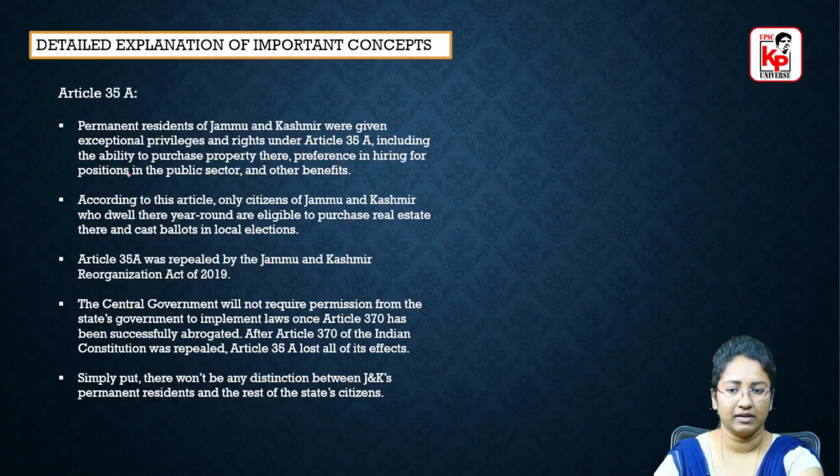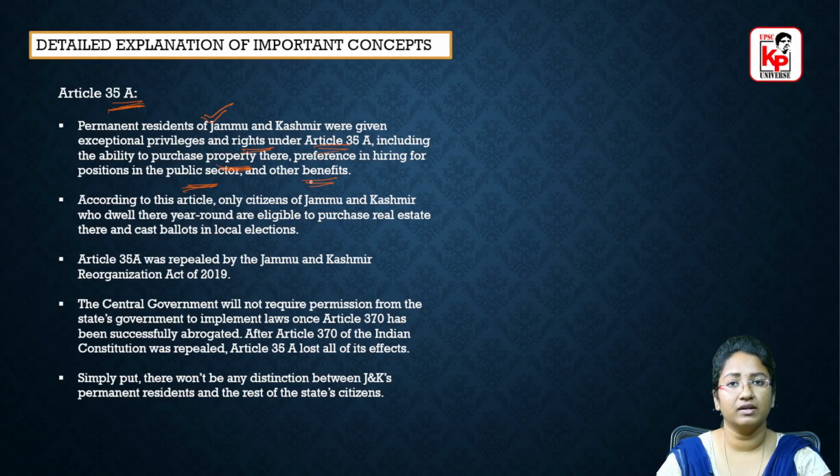So coming to the detailed explanation of important concepts in today's article, first we have Article 35A. According to this, permanent residents of Jammu and Kashmir were given exceptional privileges and rights under Article 35A. Right. So whoever are permanent residents of Jammu and Kashmir were given some special privileges, like the ability to purchase a property there, preference in hiring for positions in the public sector, and other benefits.